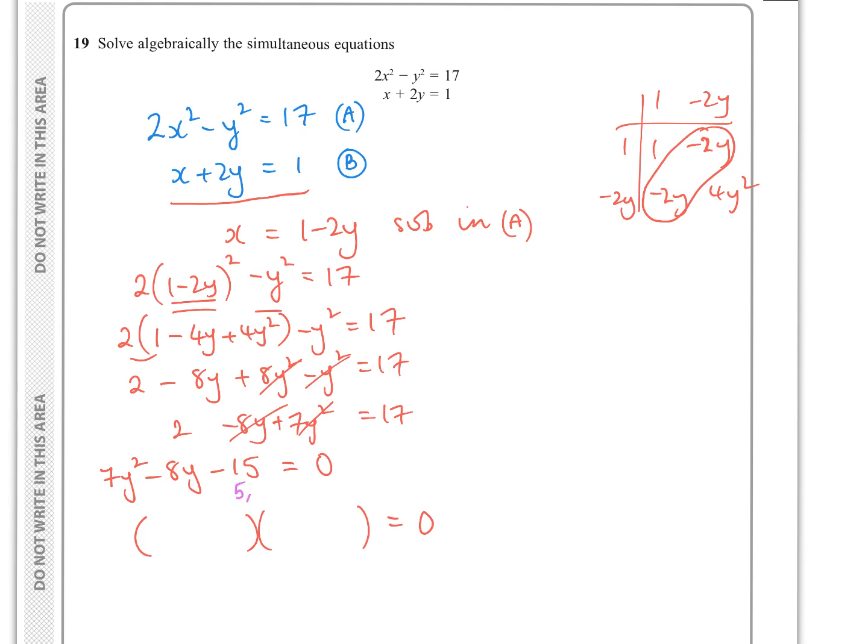Factors of 15, 5 and 3, factors of 7, 7 and 1. Having a quick look at that, I'm not going to get negative 8y, so I'm going to do the other pair, 15 and 1, and now I can see that you're going to have 7 with the 1 under multiplication, and you're going to have the 15 and the 1 here.